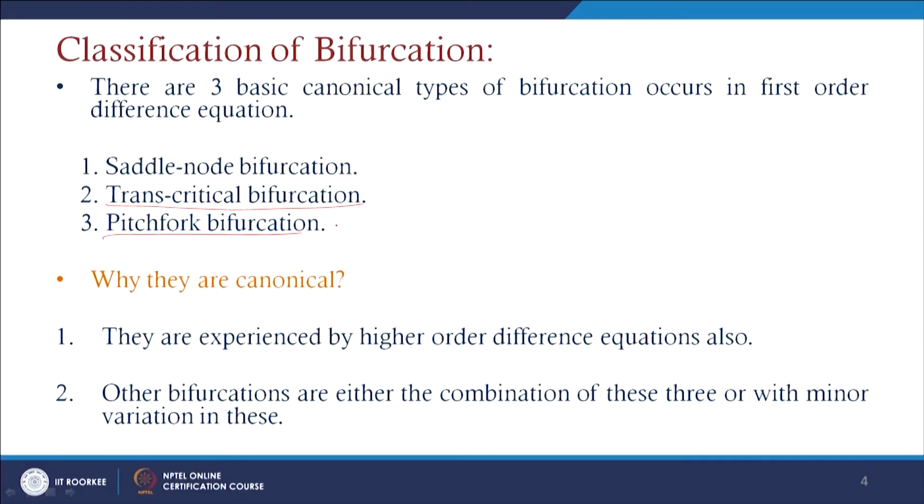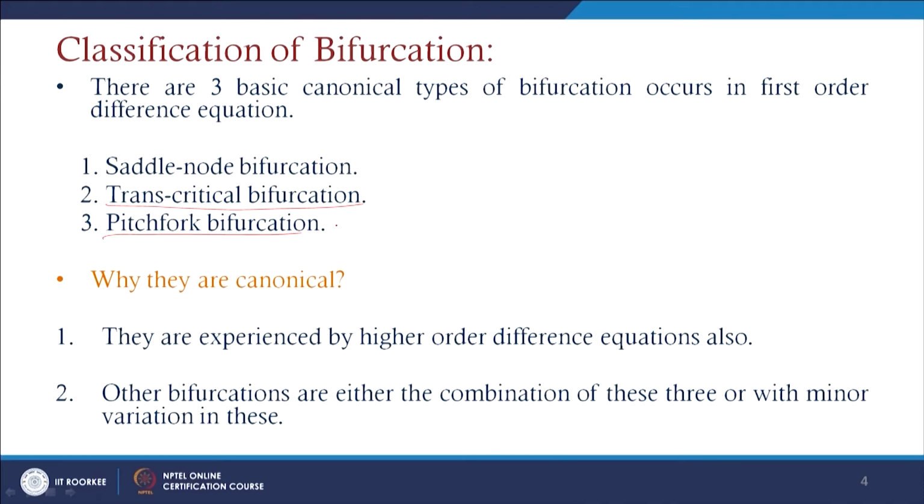Since their behavior occurs inside the system in a canonical sense, they are also experienced by higher order difference equations. It does not matter that we are considering only a first order difference equation; for higher order equations the bifurcation also exists.